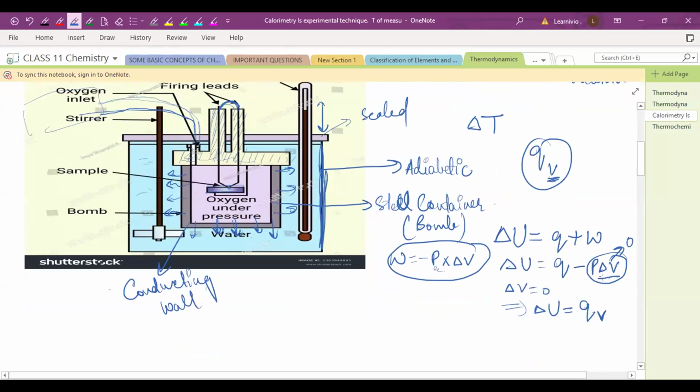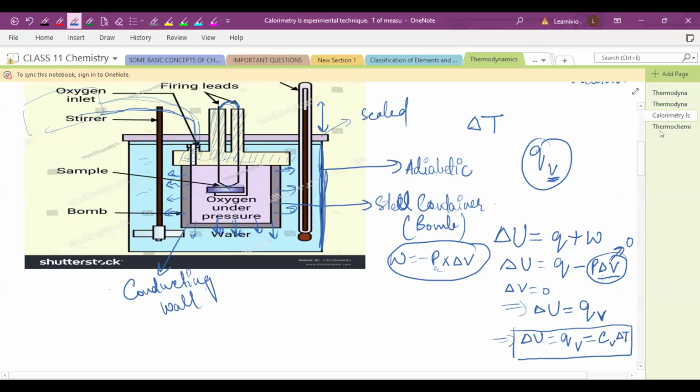So delta U is equal to QV, which is equal to CV into delta T. What is CV over here? Capital C V is the specific heat at constant volume.